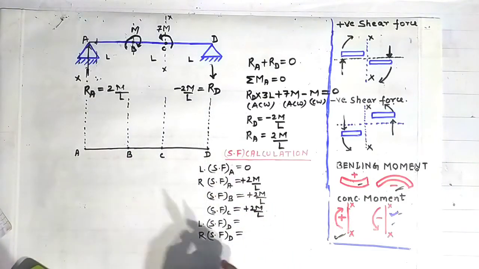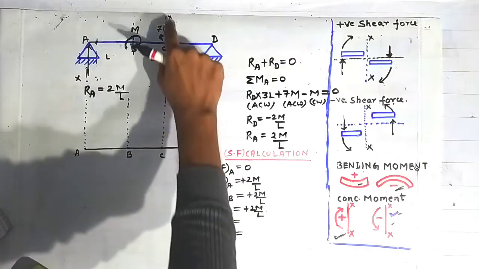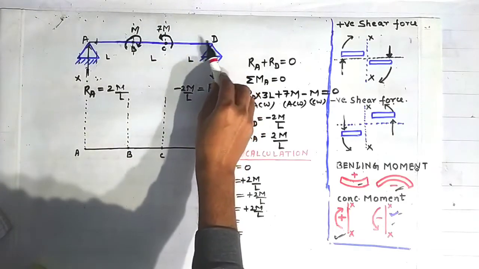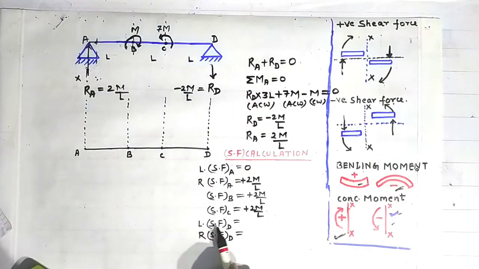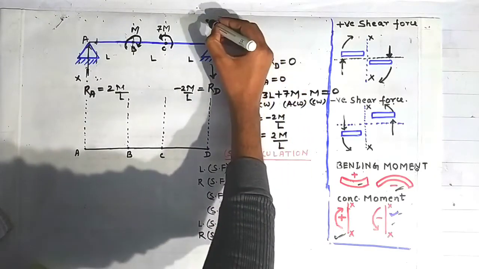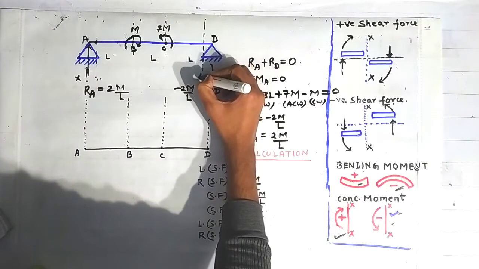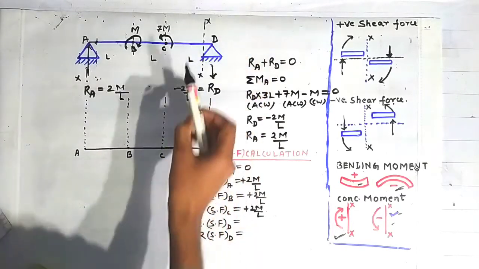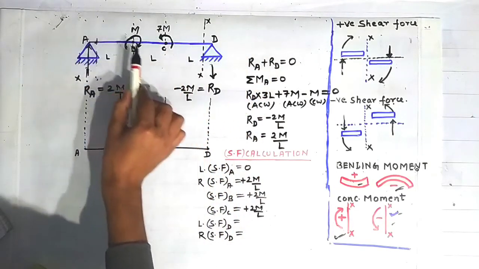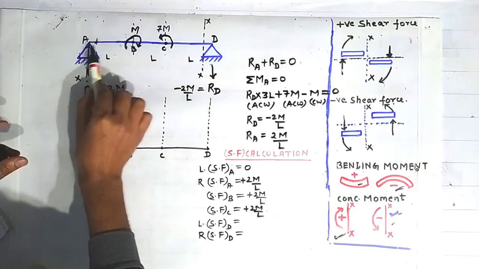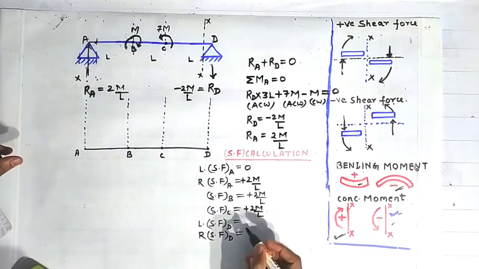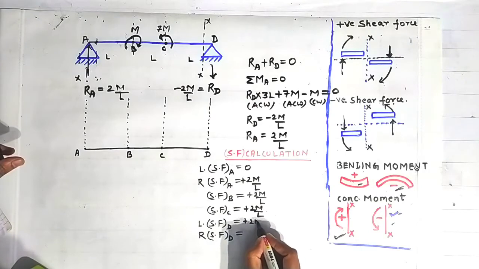Now friends, I want to determine the shear force on the left side of this point D. Okay, this term I have to determine. For that, I have to again follow the same procedure. That is, I have to draw a section like this here, XX. Now on the left side of this section, I can see that only this force is contributing toward the shear force. That's why I will write it again here, 2M/L.